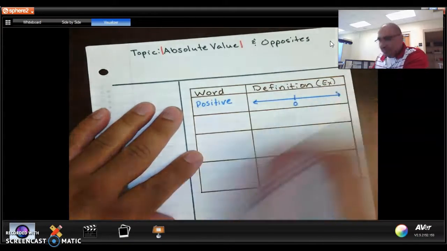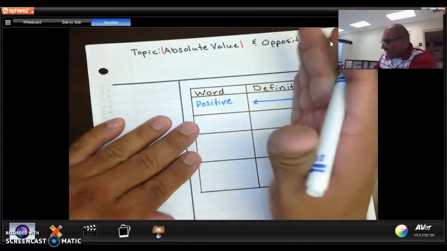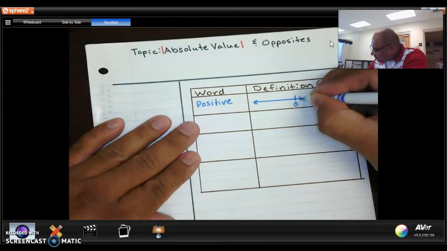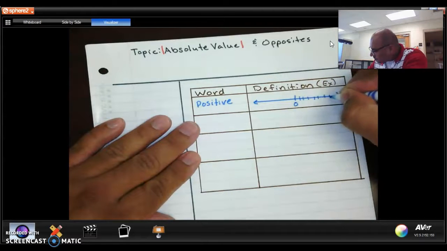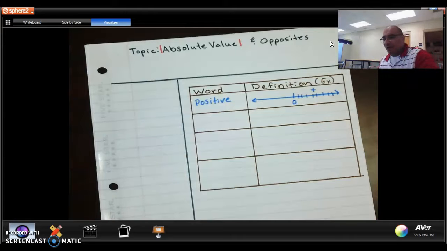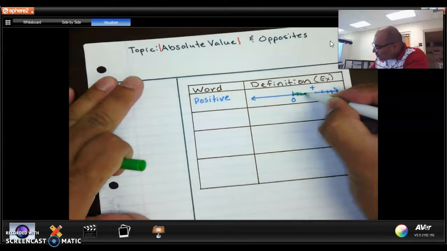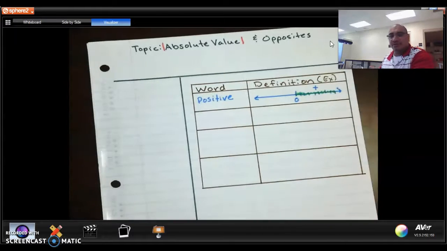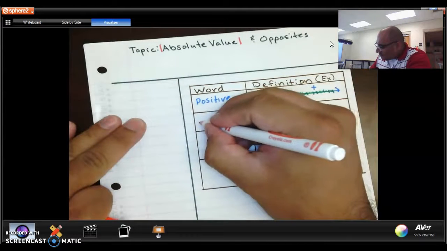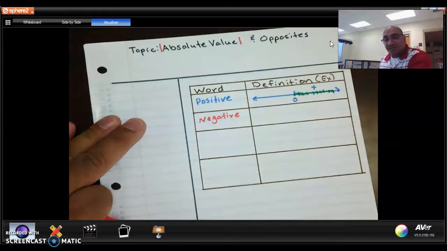So right here is 0. So for positive, positive is anything to the right of our number line. Okay, so again, positive is any number to the right of 0 on our number line. Negative is the opposite.